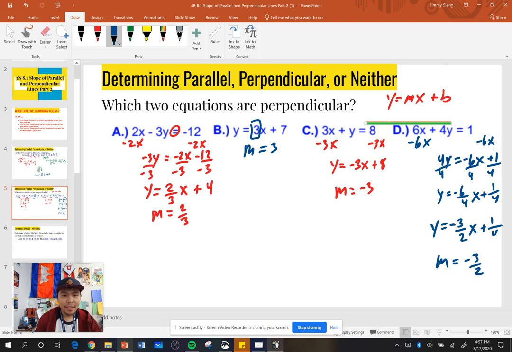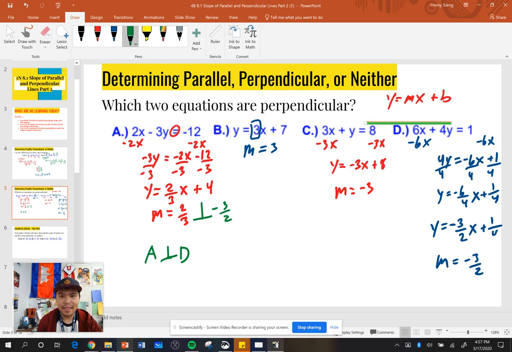If I was trying to find its opposite reciprocal, it has to be negative, and then the top and bottom switch, so 3 over 2. Which one looks like it? Well, it looks like letter D, right? So we can say A is perpendicular to D, okay?